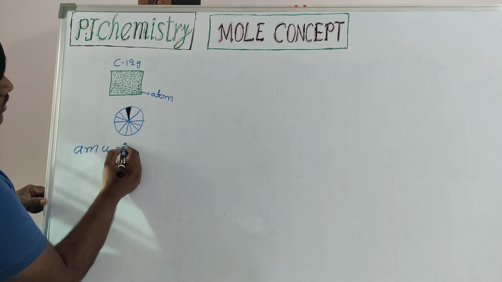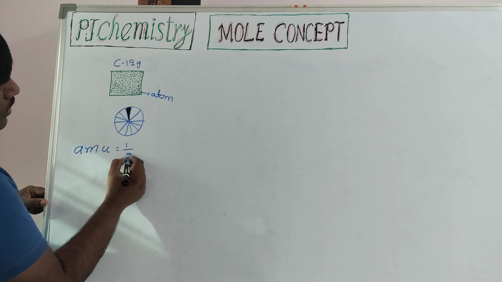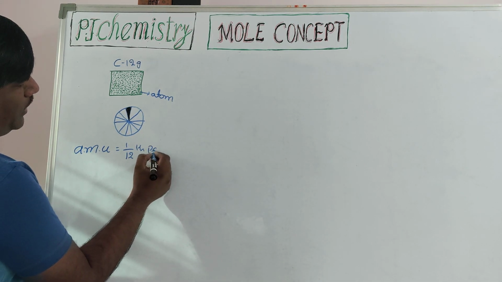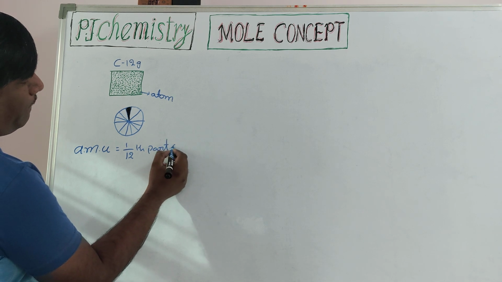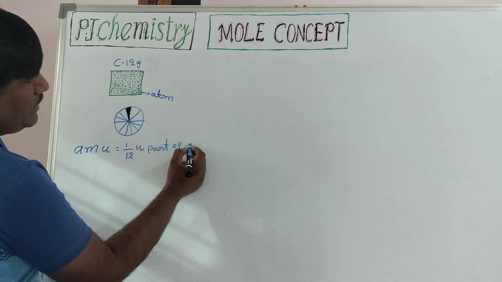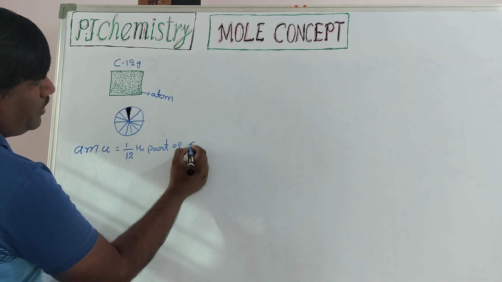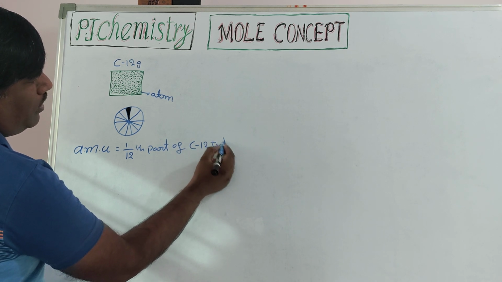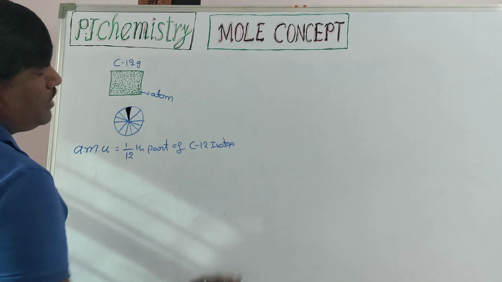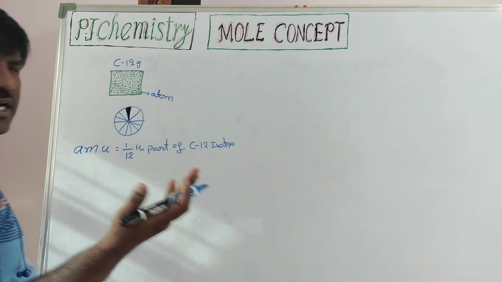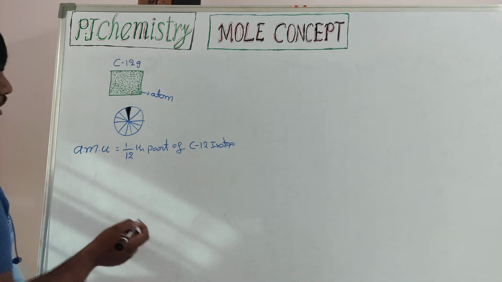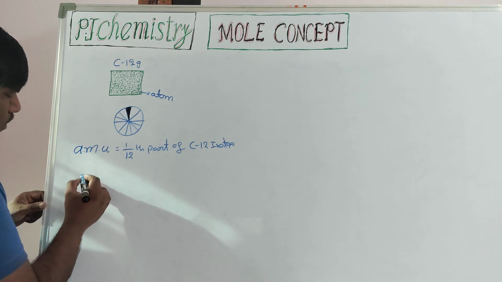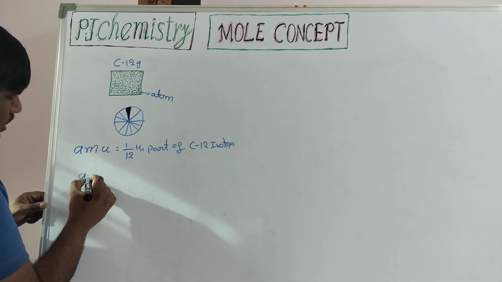AMU is equal to 1 by 12th part of the C12 isotope. Isotope means same atomic number, same element, different mass numbers. That is nothing but AMU. What is the value we discussed?